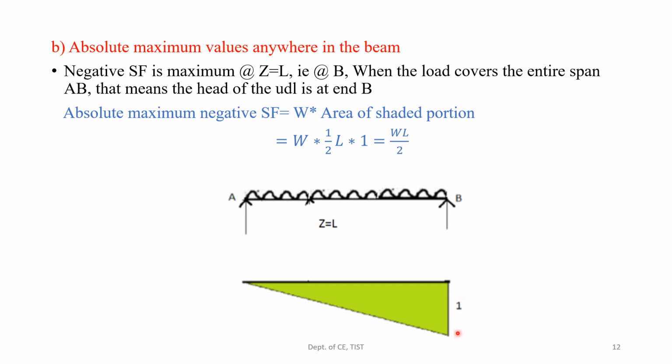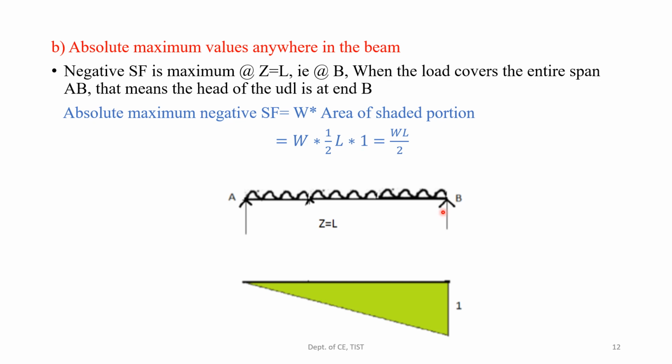So when this ordinate is 1, you will get the maximum value of negative shear force just by taking the area of this triangle and that into the value of load. That is W into half into L into 1. That is WL by 2, the value of absolute maximum negative shear force. So the absolute maximum negative shear force occurs when Z is equal to L.